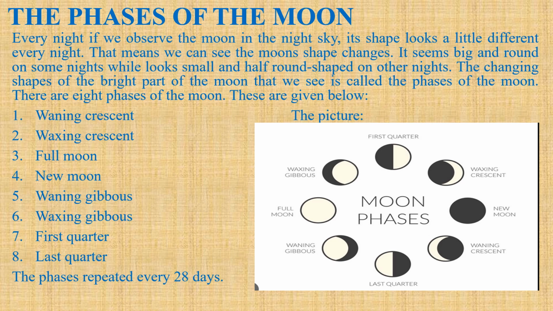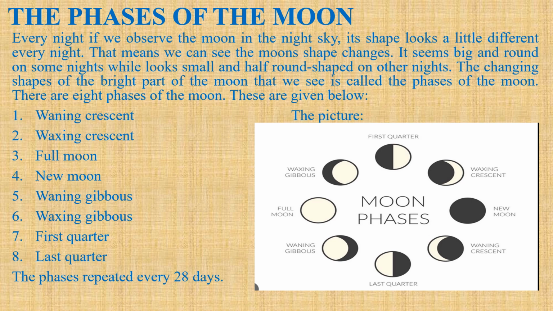The phases of the moon. Now, if we look at the picture, we can see the different shapes of the moon. Every night if we observe the moon in the night sky, its shape looks a little different every night. That means we can see the moon's shape changes.